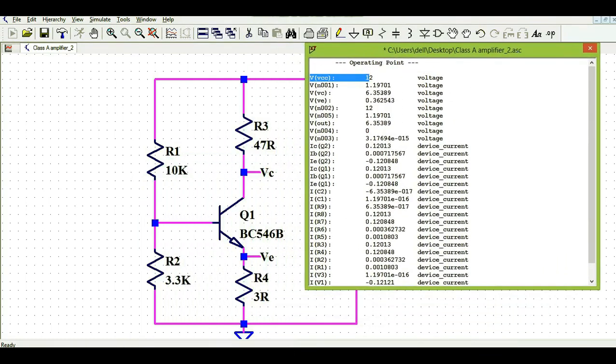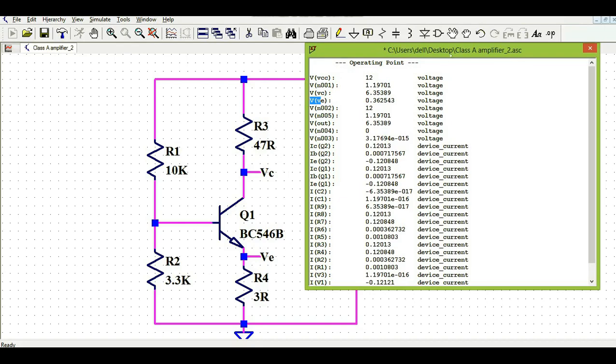This is VC, which is 6.35. The VC here is 6.35, and you can see the VE here is 0.36. If you want to calculate the VCE, that means VC minus VE, you will get 6 volt.